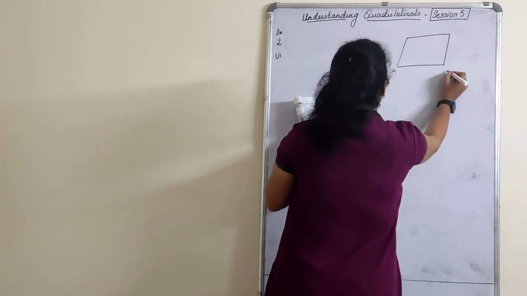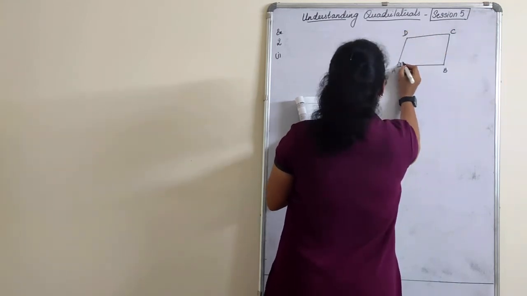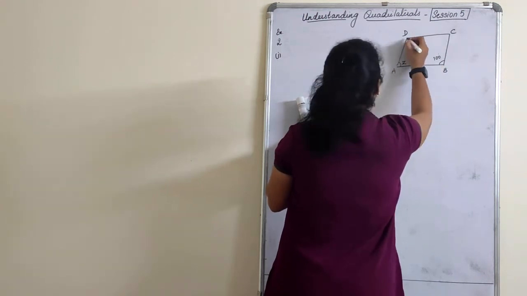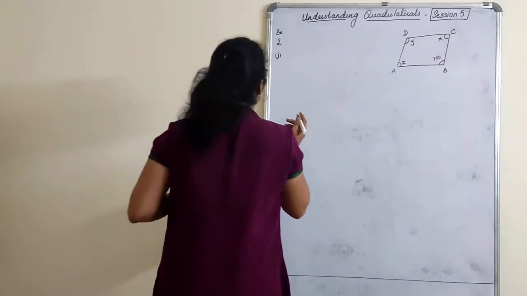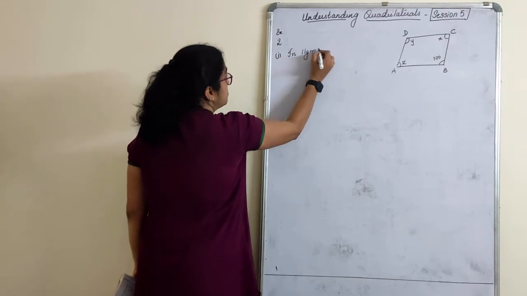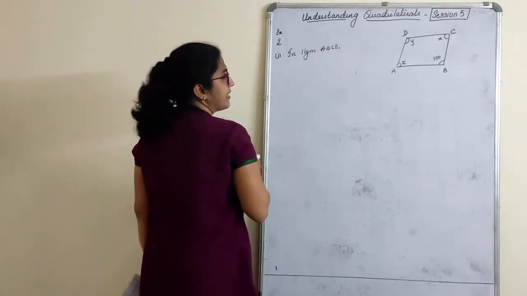So this is A, B, C and D. This is Z. This angle is given as 100. This is Y and this is X. In parallelogram ABCD, all the angles we have to find.